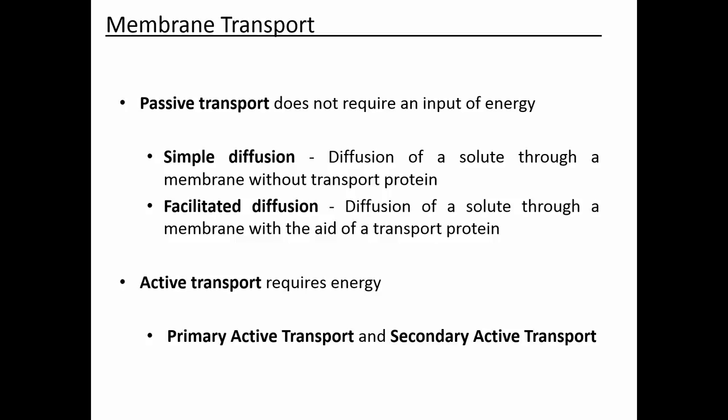And the difference between primary active transport and secondary active transport is what energy source the transport protein uses. So I'll state these things explicitly later on, but in primary active transport, the source of energy is ATP. But in secondary active transport, we're going to see that the energy source that the membrane protein uses is an electrochemical gradient. Okay, so in primary active transport ATP is the energy source, and then the electrochemical gradient is the energy source for secondary active transport.